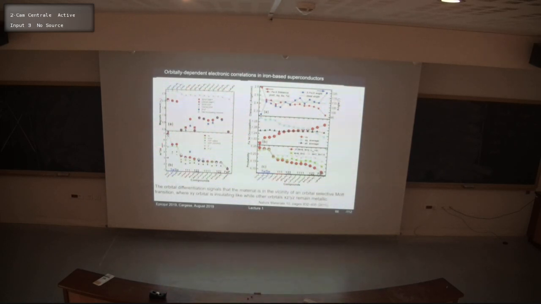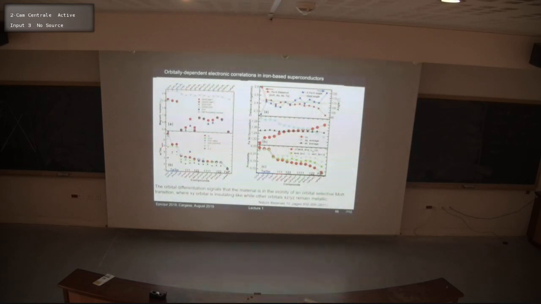So these are the effective masses in relation to the band mass for different compounds. It's telling us that in the chalcogenide family, the band renormalization due to the dxy band is the most enhanced. Often this is referred to as orbitally selective correlations.